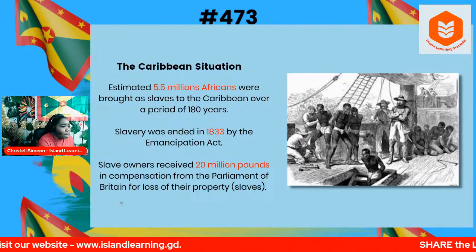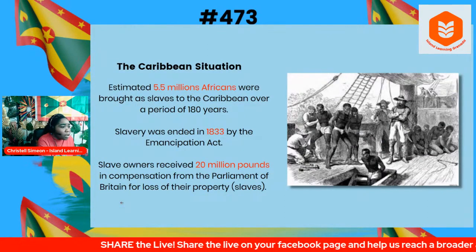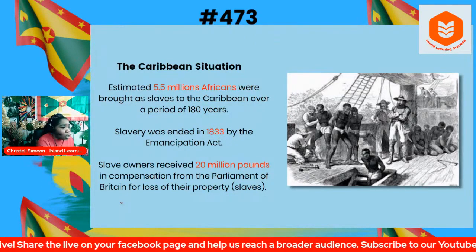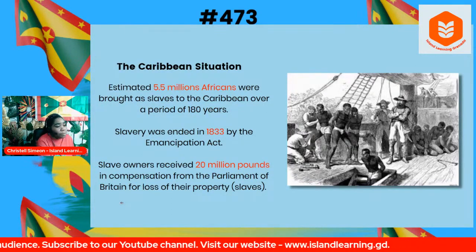I'm not sure what the amount was that Grenadian plantation owners received, but across the Caribbean it was 20 million pounds, and most of that money came from bonds. So the government of Britain at the time took out bonds to be able to pay that compensation.